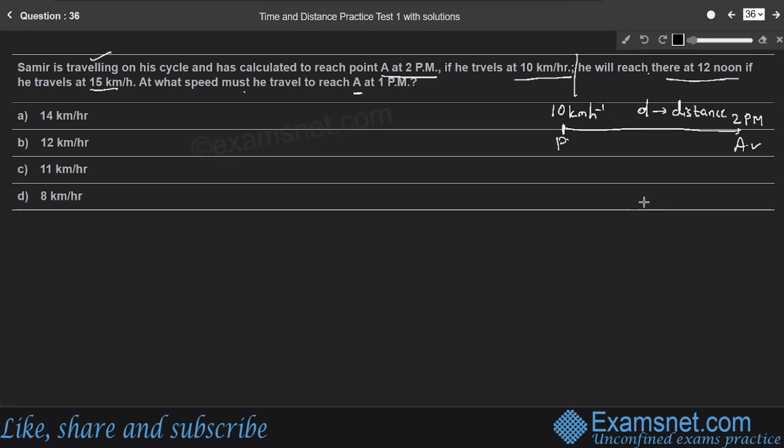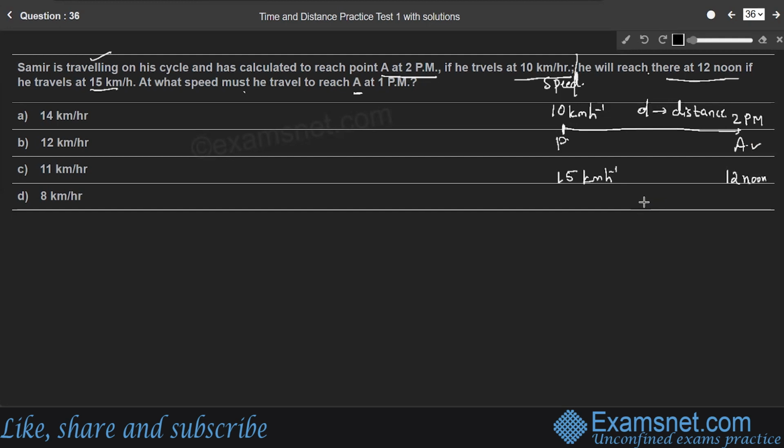In the second scenario, 15 km per hour, if he travels with that speed, he will reach the same place A at 12 noon.